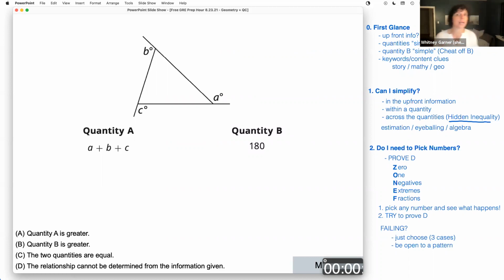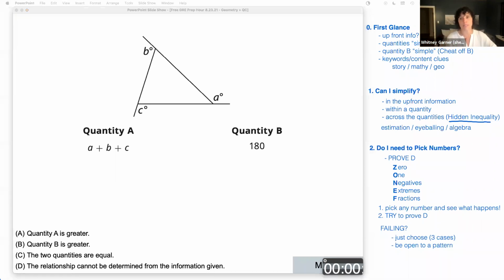So if we didn't know how to simplify the upfront information, or we weren't sure how to get information about quantity A, then maybe we could use quantity B as a cheat. But I still want you to try and simplify. So I'll give you a timer. Let's take about a minute 15, and then we'll chat about it.